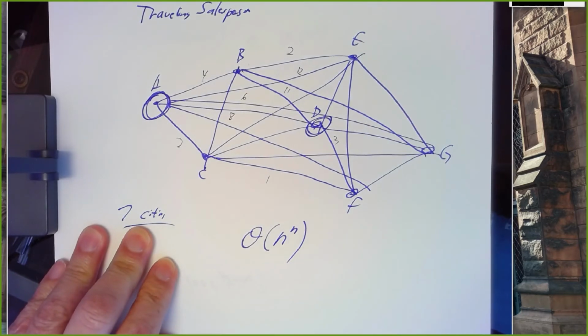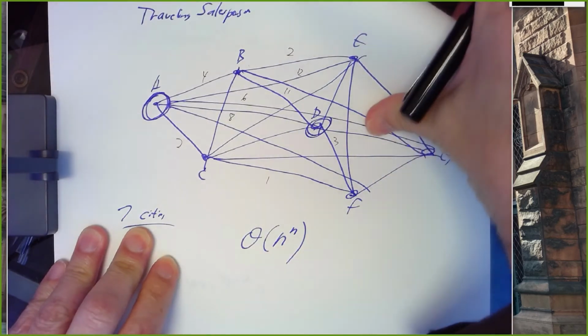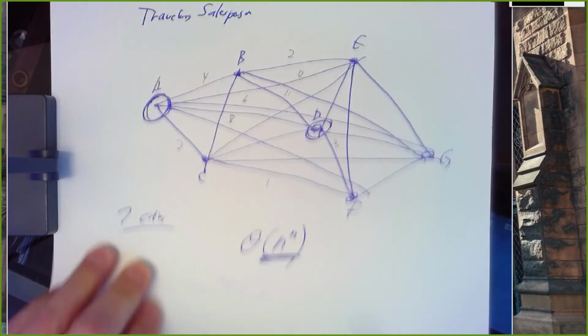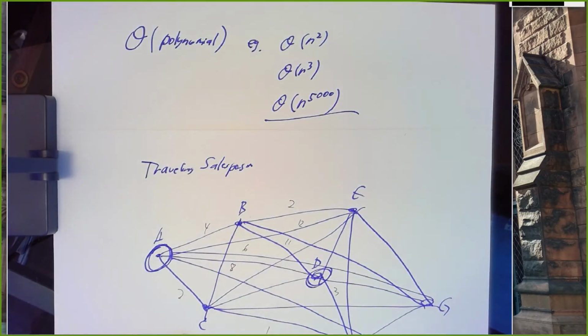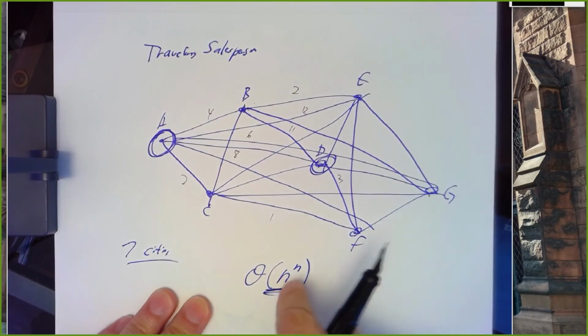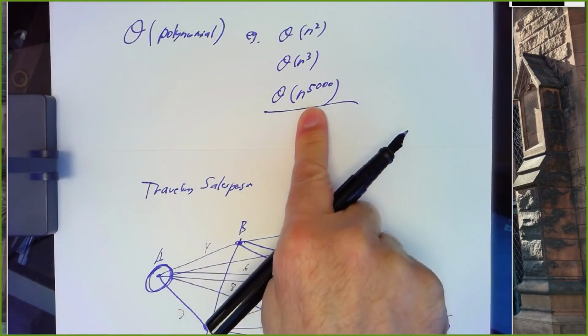If n is 1,000,000, this will be bigger than n to the 1,000,000th. So as n grows, this is eventually bigger than any polynomial. That's the sense in which this is a really horrifying amount of time compared to even something as big as that.